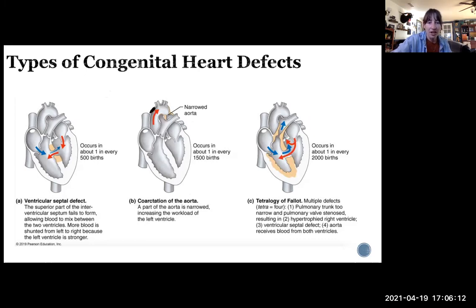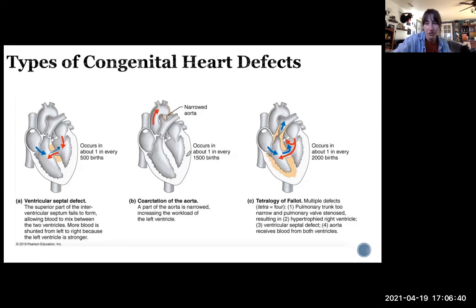Coarctation of the aorta. So it's basically a narrowing of the aorta. Okay. So if you have a part of the aorta that is narrowed, then the left ventricle is going to have to work much harder to push blood past that narrow spot, which just makes it tired and probably thickens the walls even more, which actually decreases the capacity of the left ventricle.